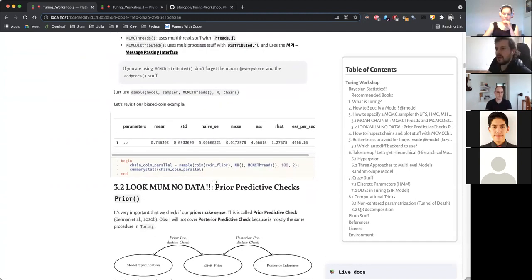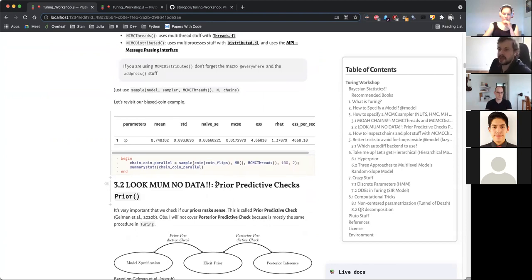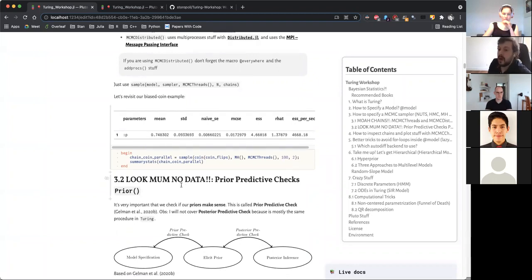And now let's talk about some stuff that is not very clear in the Turing documentation that took a while for me to find out. So how do we run a model with no data? How do we do the prior predictive check? It's very, very important for us to analyze if our priors make sense.